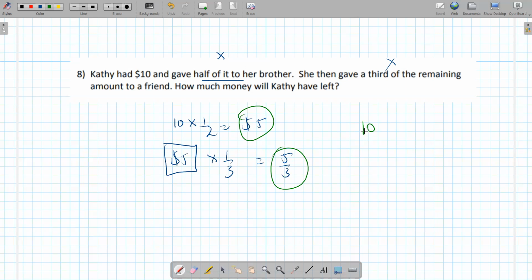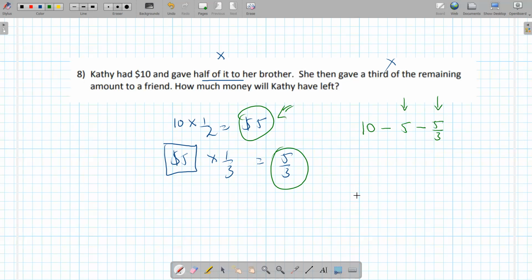So she had $10, yeah? She gave away 5 to her brother, as we found here, and then she gave away 5/3 to the friend. This is the amount she gave away to her brother, and this is the amount she gave away to the friend, and we just subtract it.